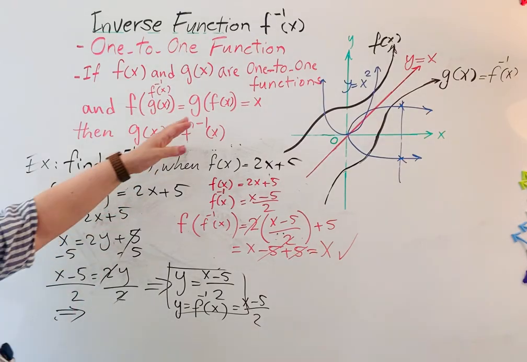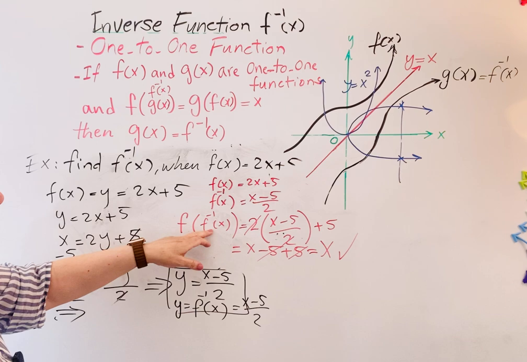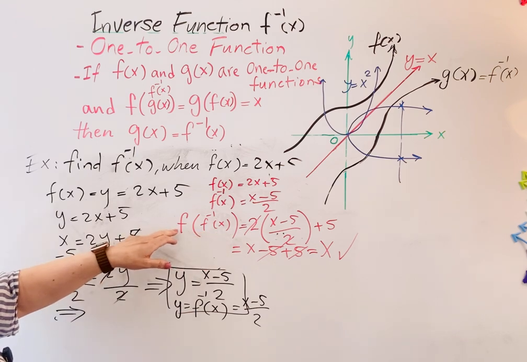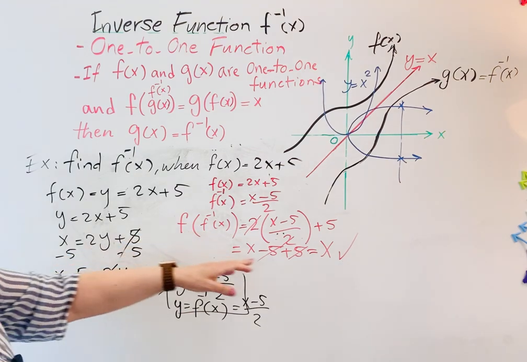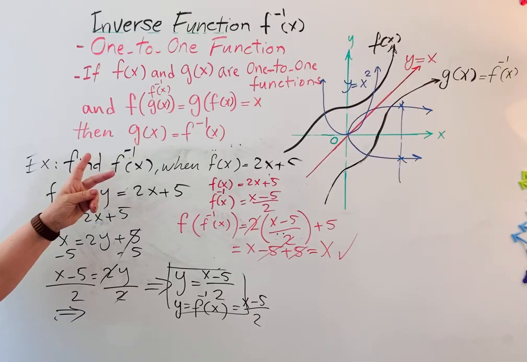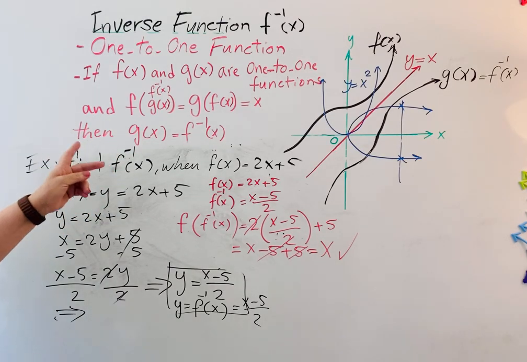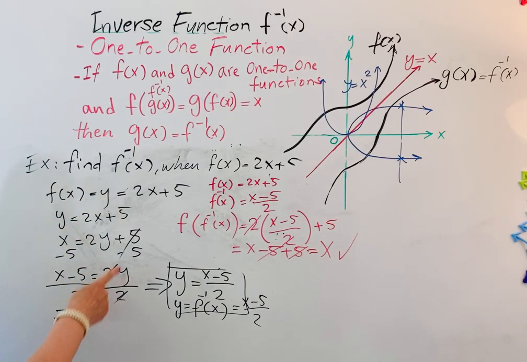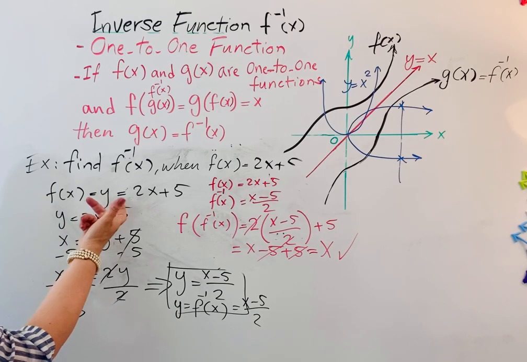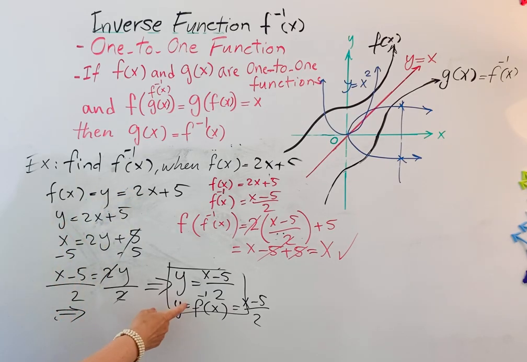If we use the other way, for example, f inverse of x inside of this one gets f, the answer must be x. Okay? Just review this one. If two functions are one-to-one functions and are inverse to each other, then you can use this formula, exchange x and y, and find the other one.